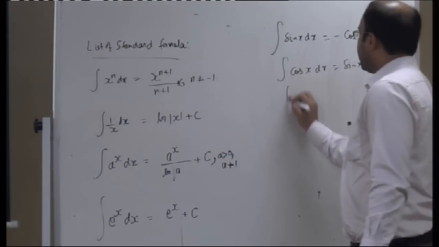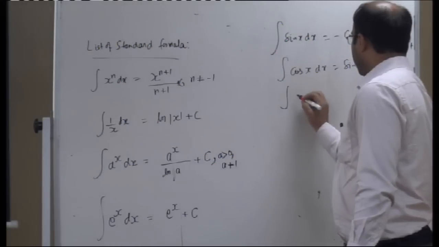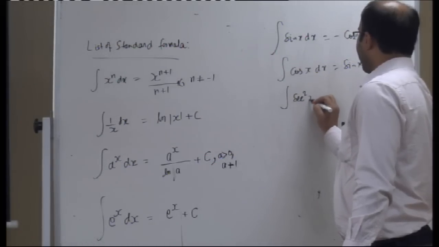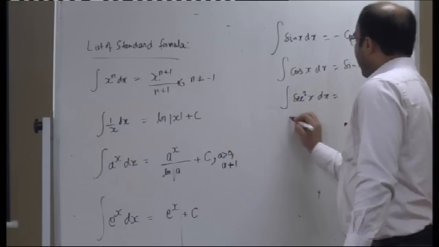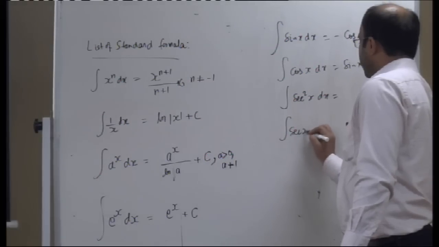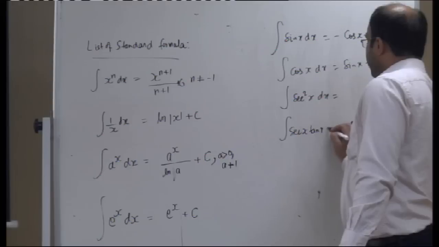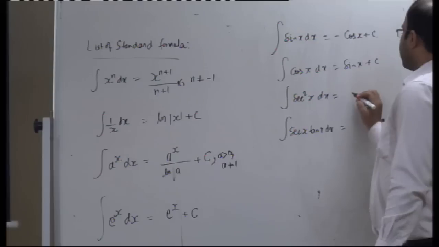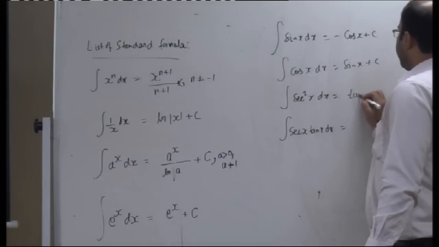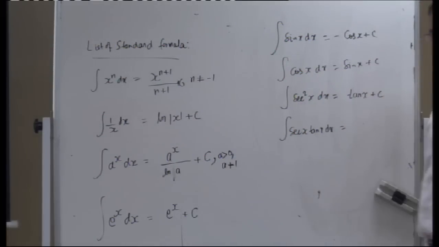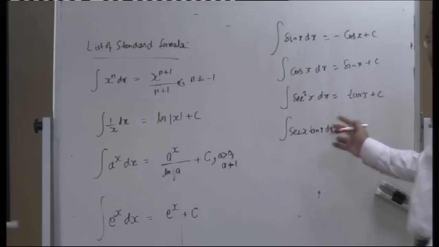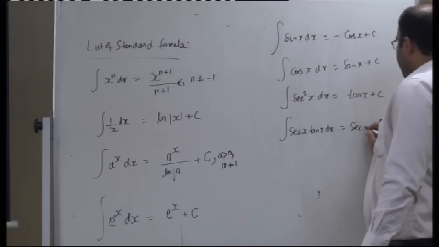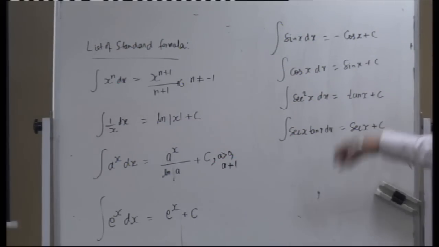Next we have sec square x dx, and then sec x into tan x dx. These have all come from differentiation. Integral of sec square x dx was actually tan x plus c, if you remember that part, and integral of sec x tan x becomes sec x plus c, because the derivative of sec x was sec x tan x.